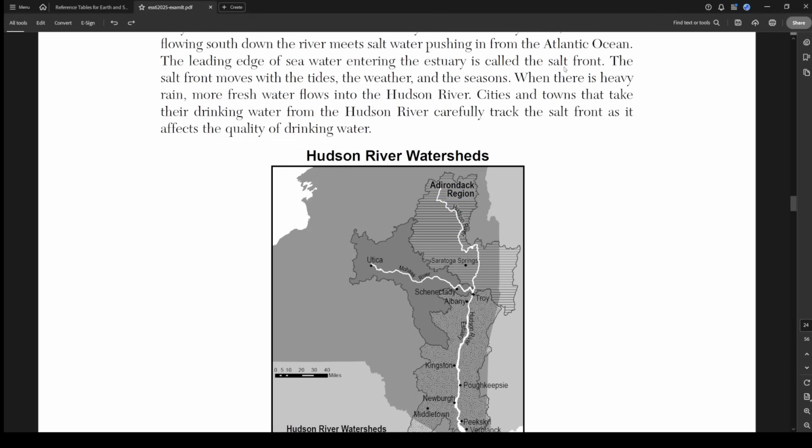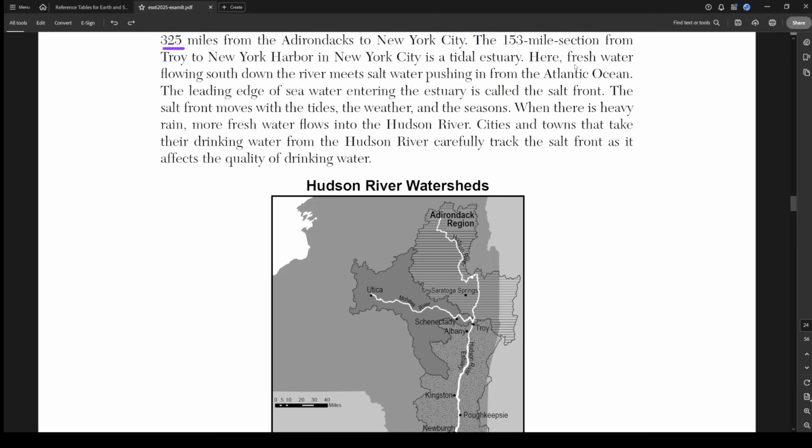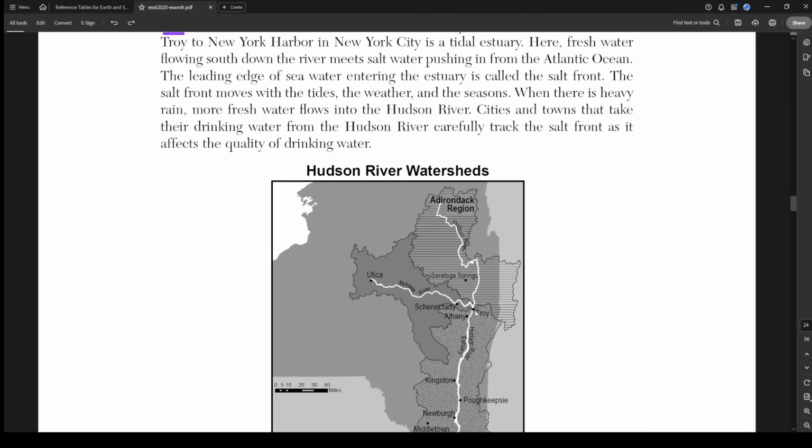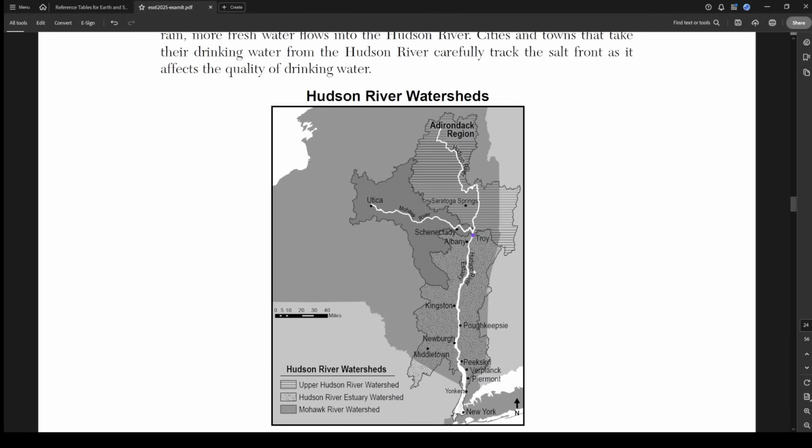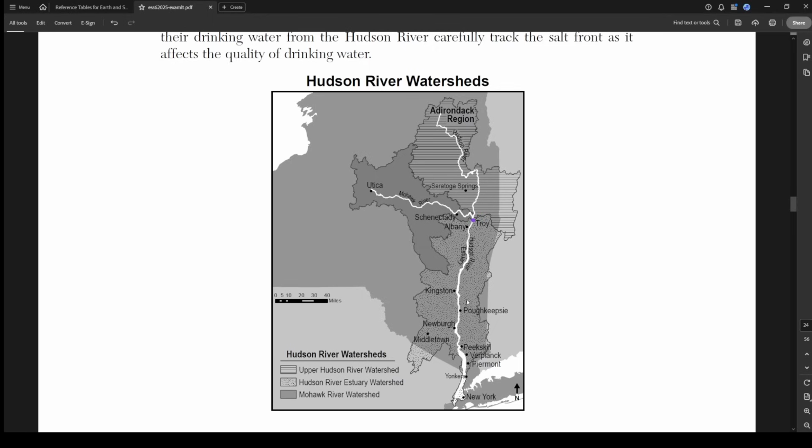Okay. Here, the 153-mile section from Troy to New York Harbor in New York City is a tidal estuary. So that's Troy. And then New York Harbor, it doesn't label, but it does say Hudson River Estuary.